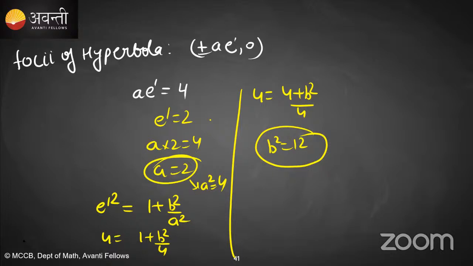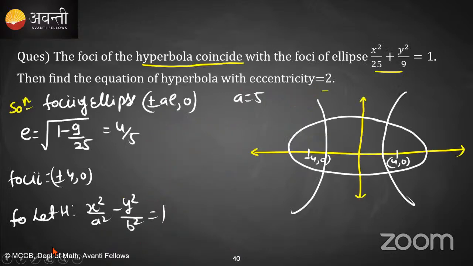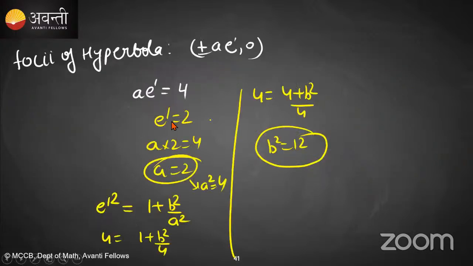Simple calculation, nothing else. The foci of the hyperbola and the ellipse are the same. So let's find the focus of the ellipse first, which is 4, 0. So the focus of the hyperbola has to be 4, 0. But we know that the foci of the hyperbola are a, 0 and minus a, 0. So a should be 4, and the eccentricity of the hyperbola is 2.